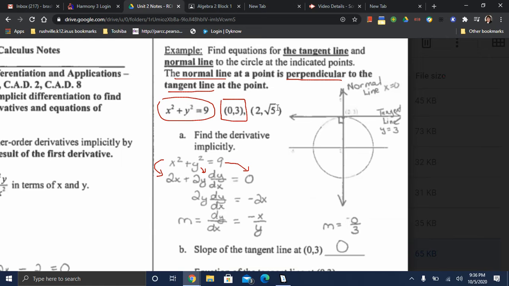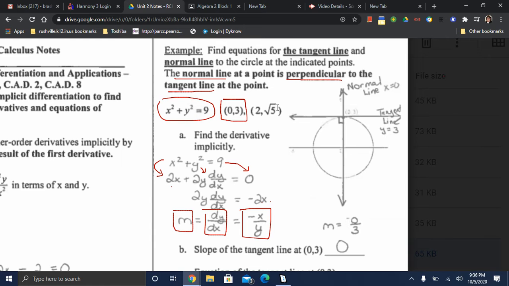Then we'll get dy/dx by itself, subtracting 2x to the other side and then dividing by 2y. You get your slope, dy/dx, which simplifies to negative x over y. So that's our slope formula.